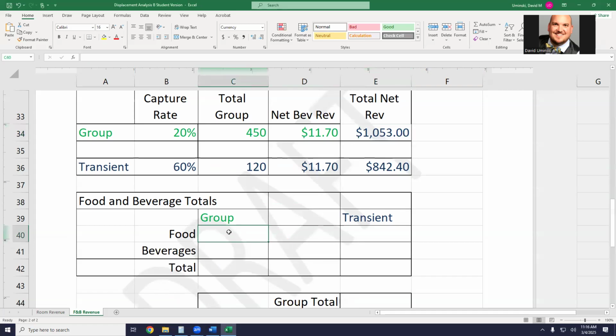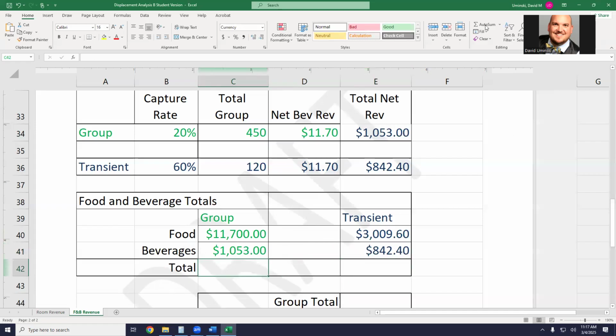For our group, what was the total food for the group? $11,700. How about for the transient? What was the food for transient? 60 cents. 60. Okay. And then we have beverages right here. So for our group, beverages are 1,053 and 842.40 for our transient.